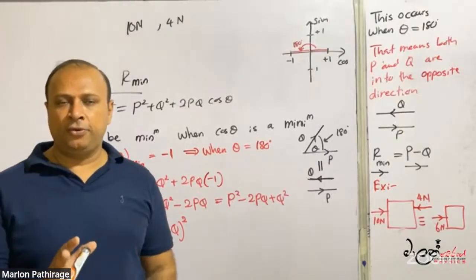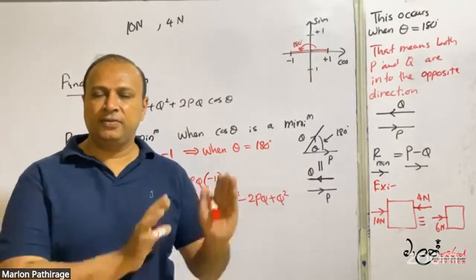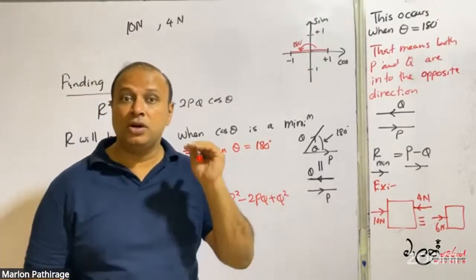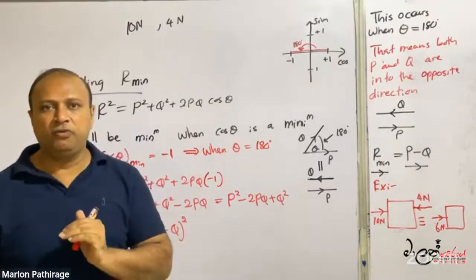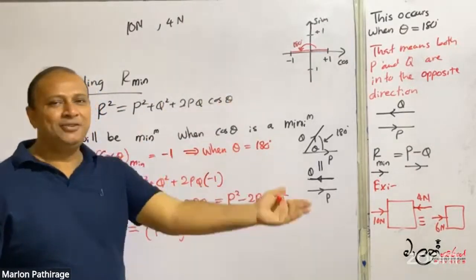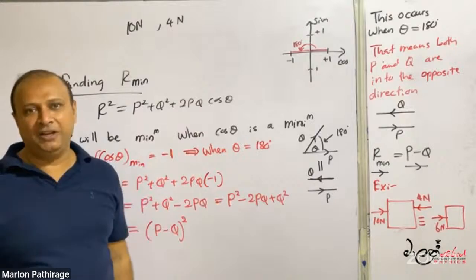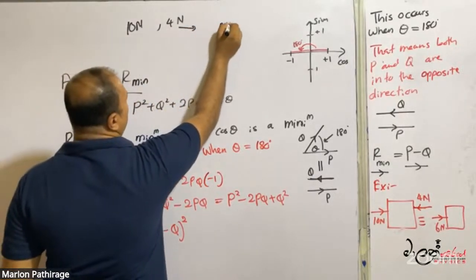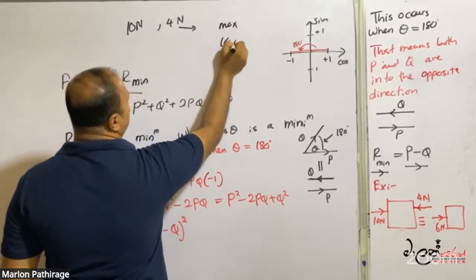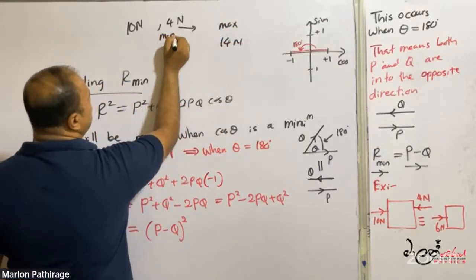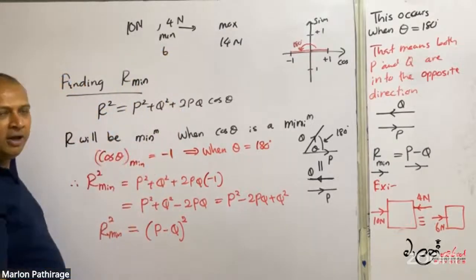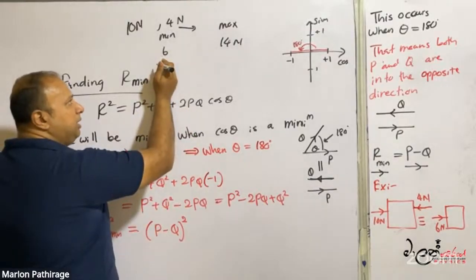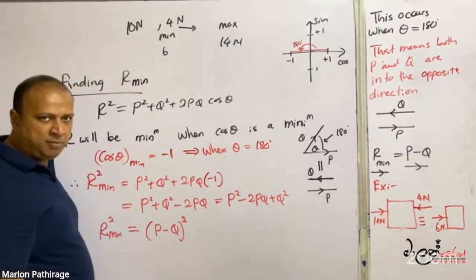Therefore, the resultant force of those two vectors can have a value in between 6 and 14, because the maximum value is 14 and the minimum value is 6. Therefore, the resultant vector varies from the minimum to maximum.